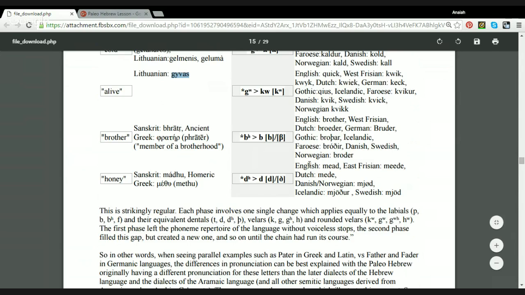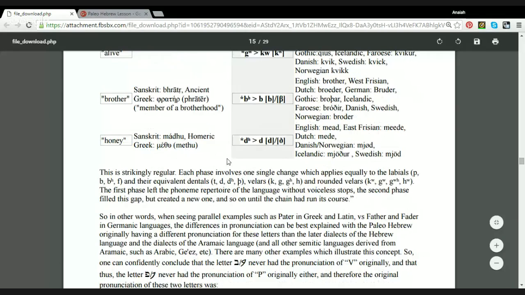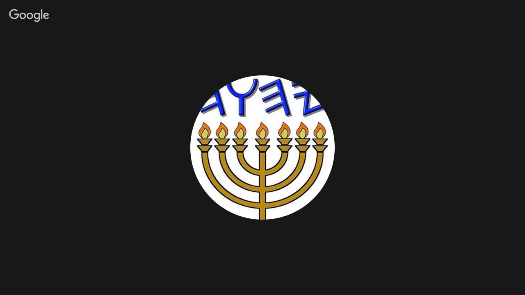And then finally, for honey, in Sanskrit, you've got madhu. In Greek, you've got medhu. In English, you've got mead. East Frisian, mead. Dutch, mead. And then Danish and Norwegian, mjod. Icelandic, mjolder. And Swedish, mjod.